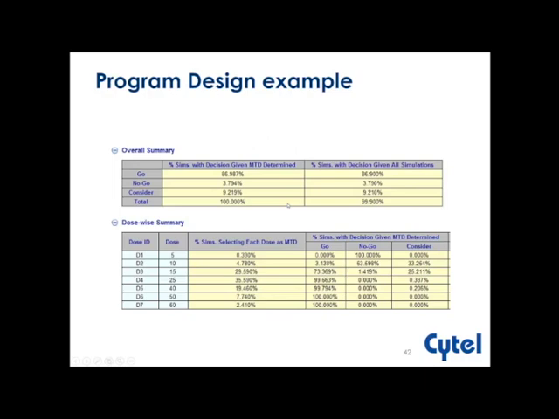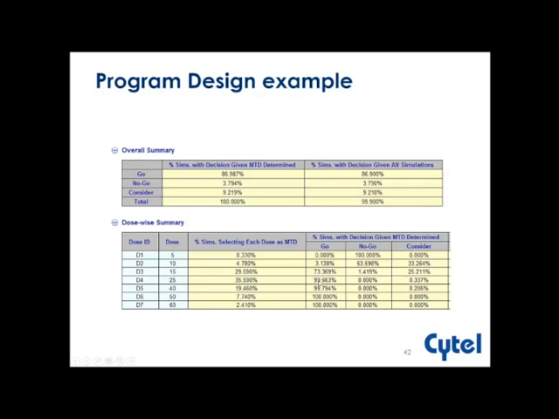So that's fine, and let's look at what happens when we add the cohort expansion and a go-no-go decision at the end. Given the particular efficacy curve, we almost always end up in a go decision, and we can see how this is broken down by different doses. Remember, our true MTD was dose 4, 25, and when that is selected, we make a go decision almost 100% of the time.